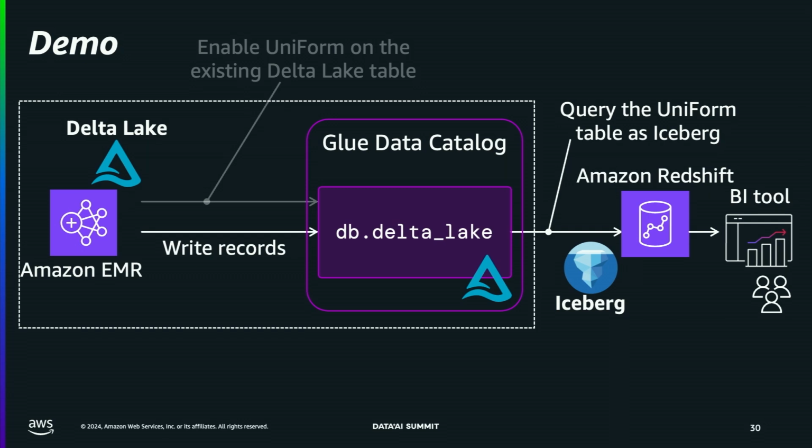Previously, you enabled UniForm on the existing data lake table and queried the UniForm table from Redshift without creating any manifest files. Next, return to the EMR notebook and write new data to the UniForm table. Then query the table again from Redshift to review the added data.